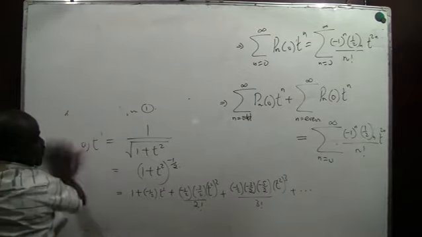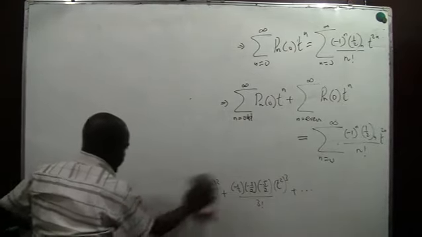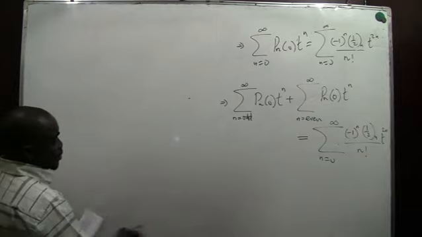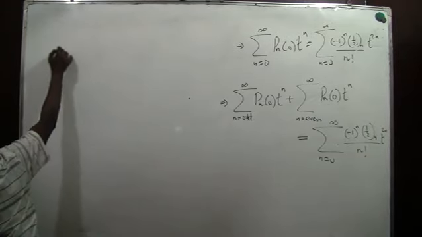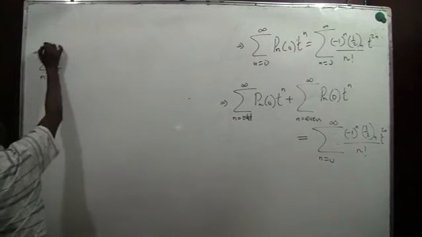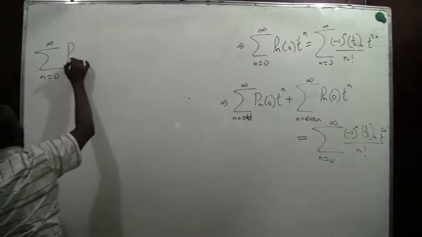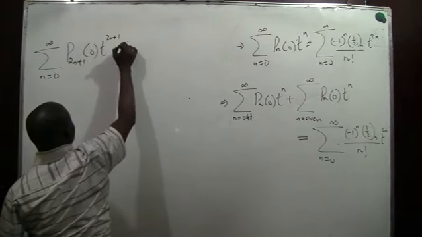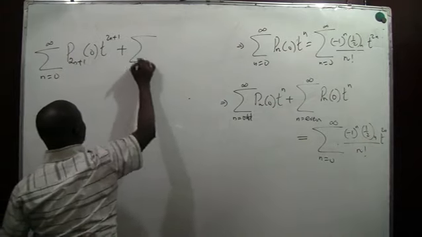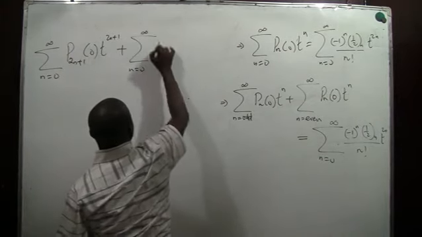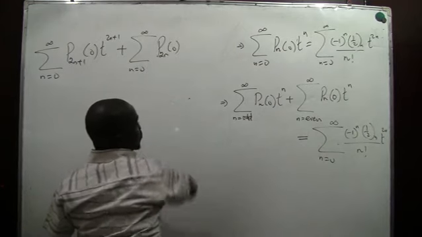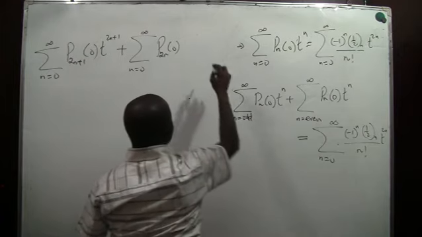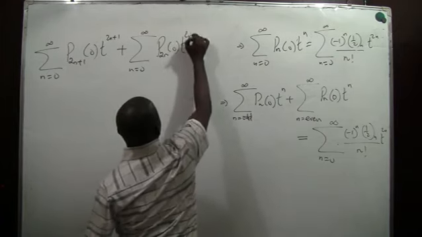From there, the left hand side can be rewritten. And how do we write that? Since this one is odd, let's use the general term of an odd number. We're going to have n equals 0 to infinity P2n plus 1, which is the general term for odd, t raised to the power 2n plus 1, plus summation n equals 0 to infinity for the even, P2n of 0 t raised to the power 2n.